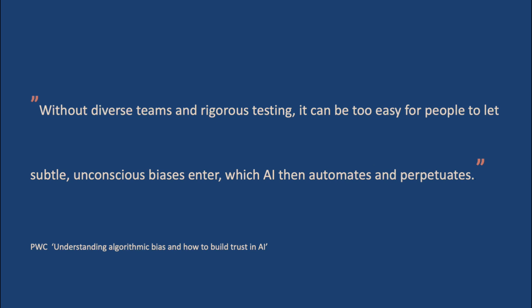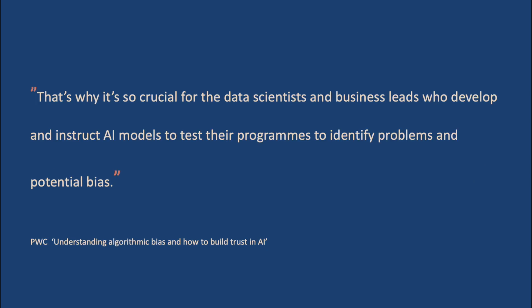Without diverse teams and rigorous testing, it can be too easy for people to let subtle, unconscious biases enter, which AI then automates and perpetuates. That's why it's so critical for the data scientists and business leads who develop and instruct AI models to test their programs to identify problems and potential bias.